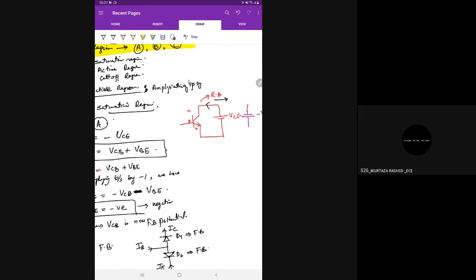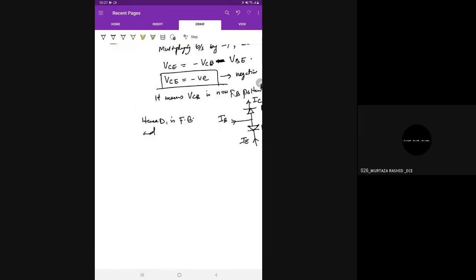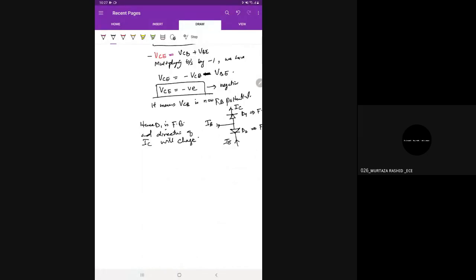If the biasing condition of D1 changes, the direction of IC will also change. When you change the biasing condition, the direction is bound to change. This happens in the saturation region only.